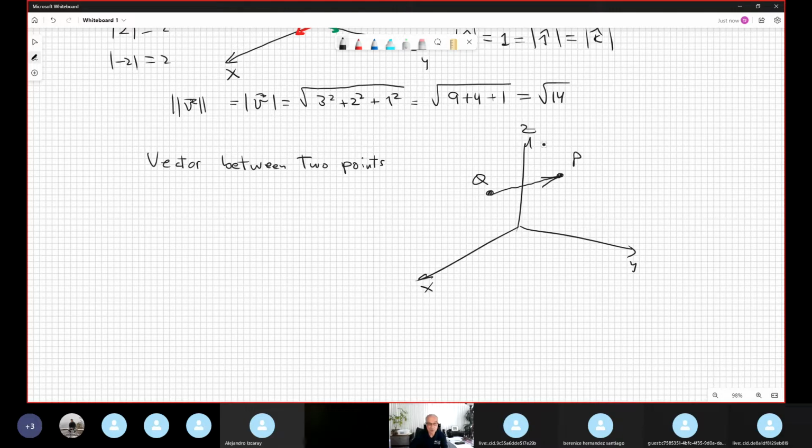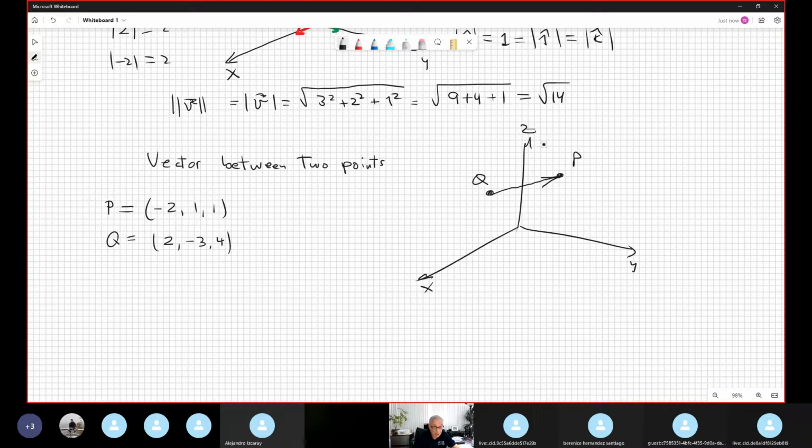Suppose the point P is -2, 1, 1, and the point Q is 2, -3, 4.